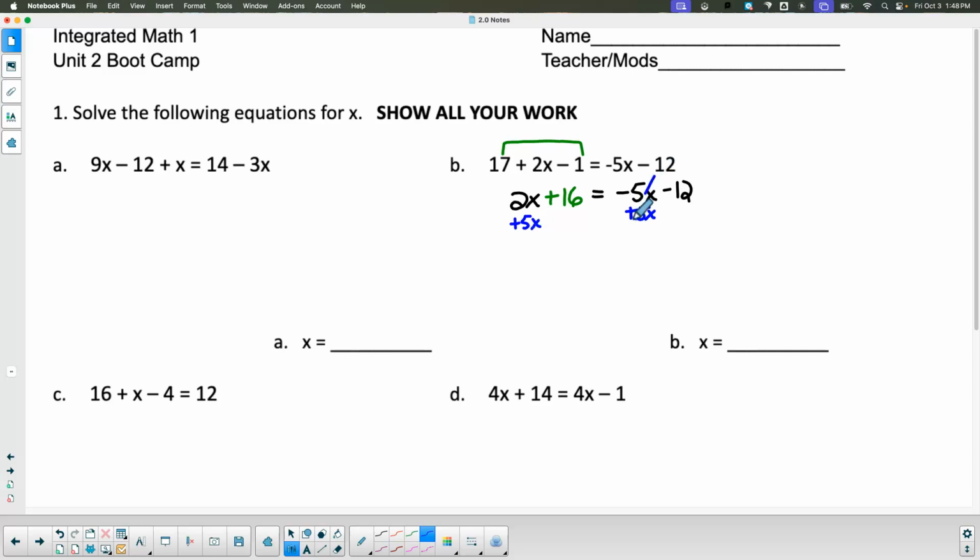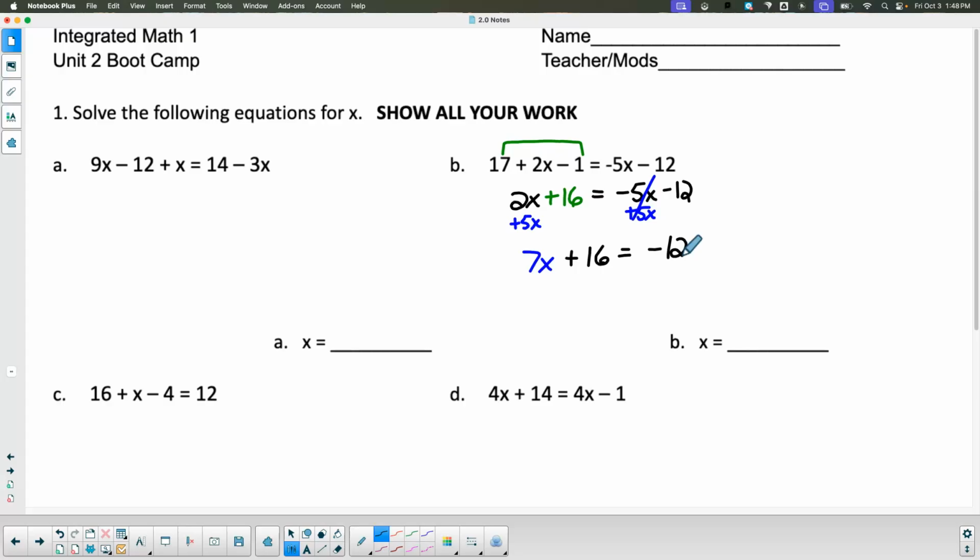The nice thing about that, then, is those cancel each other out. And that leaves me with, if you have 2 pencils and I give you 5 more pencils, you now have 7 pencils. And so you get 7x plus 16 equals -12.